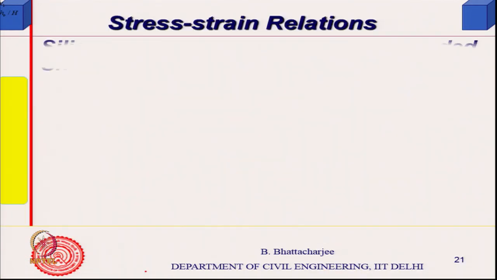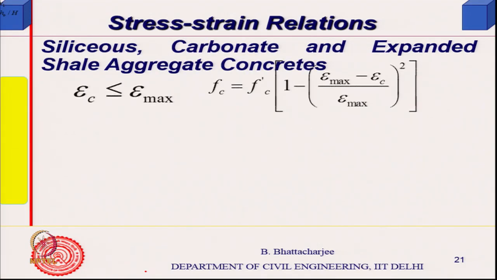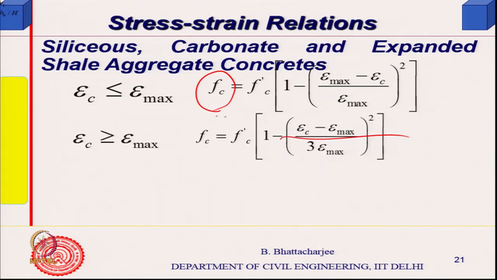Right. Now, some more data related to mechanical properties. So, this is one formula, the cube strength as a function of epsilon c, the stress strain relationship. The compressive strength is related to the epsilon c stress strain curve, right.